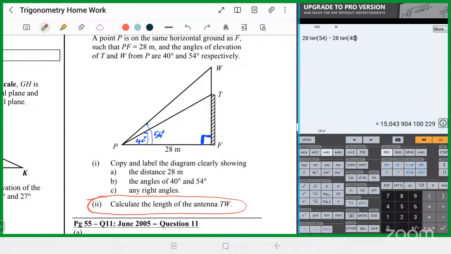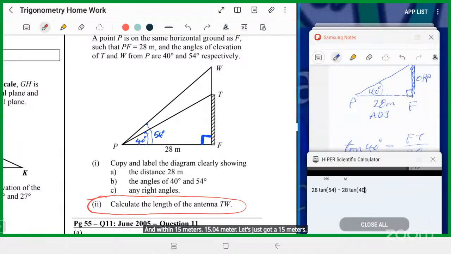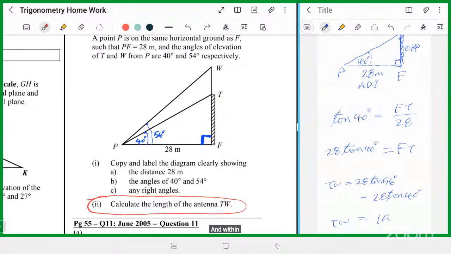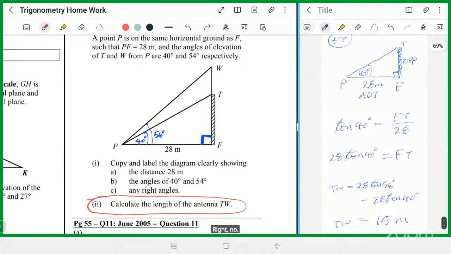I'm getting 15 meters, or 15.04 meters. Let's just call it 15 meters. I'm getting 15 meters as the height of the antenna, and that's the answer.